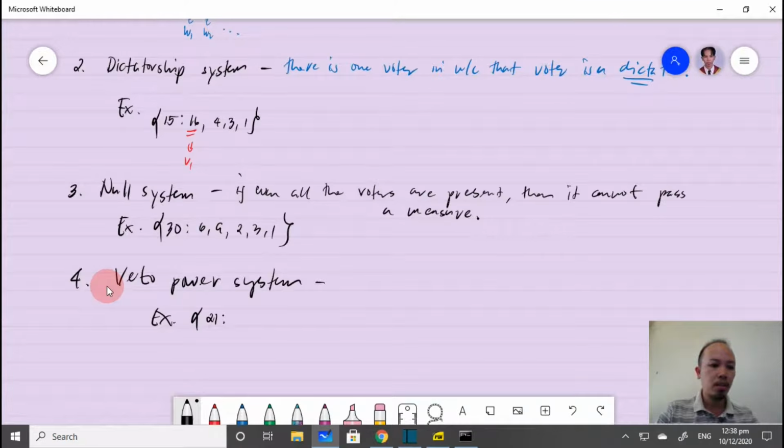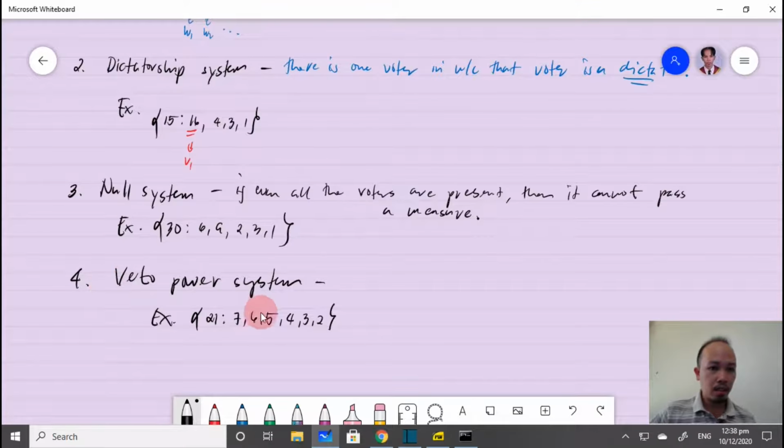So we have 7, 6, 5, 4, 3, then 2. There are 6 voters. The weight for voter 1, W sub 1, is 7, W sub 2, or the weight of voter 2, is 6, and so on and so forth.